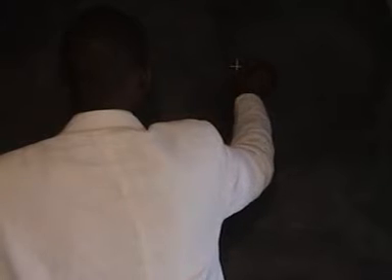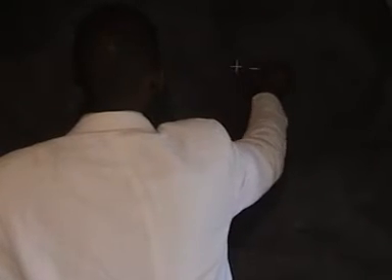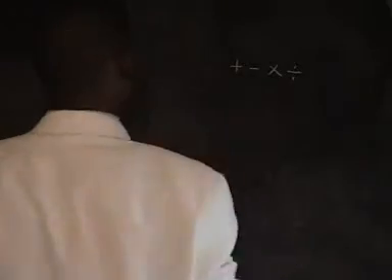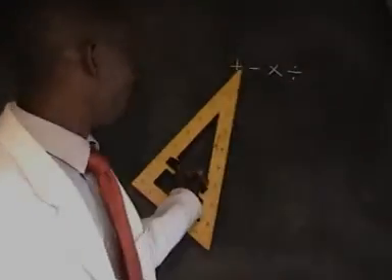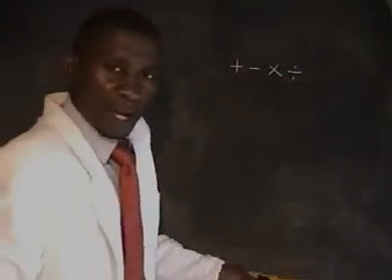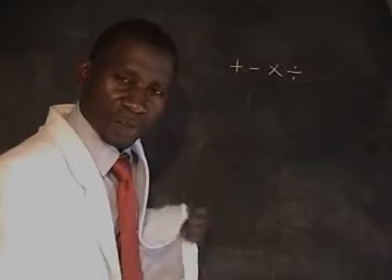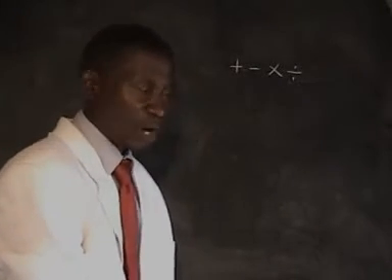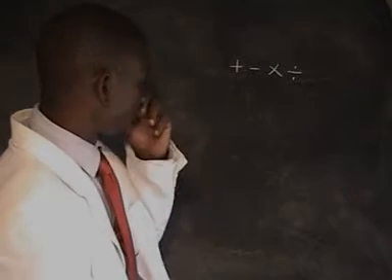This is addition, subtraction, multiplication, and division. So now if you look at the four operations, 1, 2, 3, 4, at times you may come across a question whereby more than two operations are used. So how can you handle such a problem?